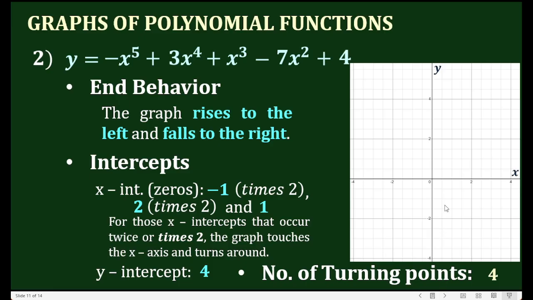Okay, I have already prepared the Cartesian plane with some labeled coordinates along the x and y axes. So let us plot those intercepts. We have negative 1, positive 2, and positive 1.